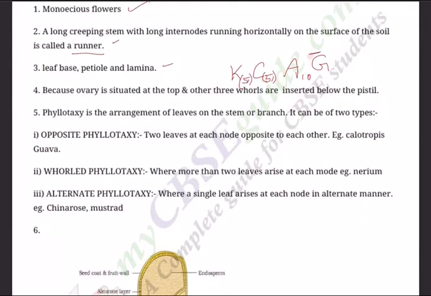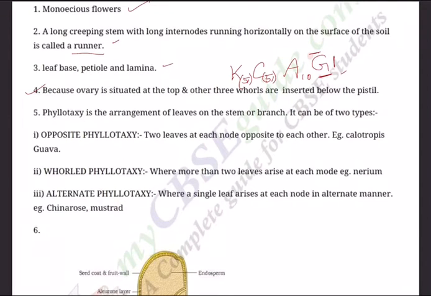And then gynoecium, we write different underlines, one here, one here, one here. That means it shows the position of the ovary: hypogynous, perigynous, epigynous. So if you remember this floral formula, then it is easy for you to answer such questions. Okay. Next, phyllotaxy is the arrangement of leaves on the stem or branch.